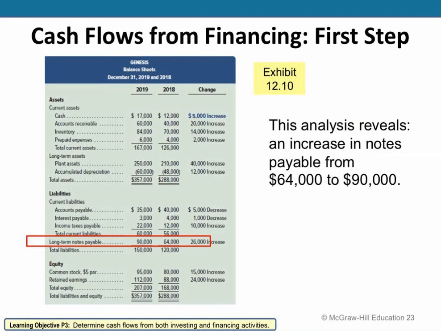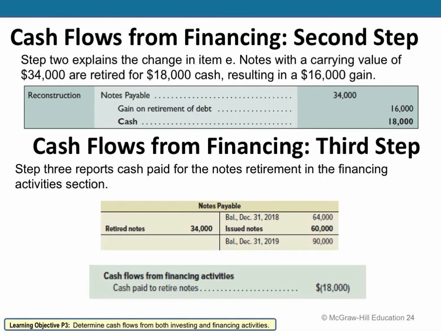So looking at the financing activity, here we see our long-term notes payable going from $64,000 to $90,000, so a $26,000 increase here. Looking at that note E that we saw, where we had paid $18,000 to retire that note payable, we're going to be reflecting it in the notes payable, retiring it at $34,000 is going to be our debit here.